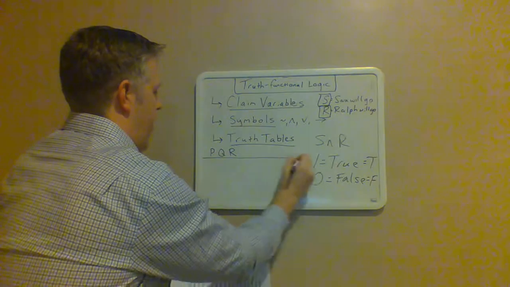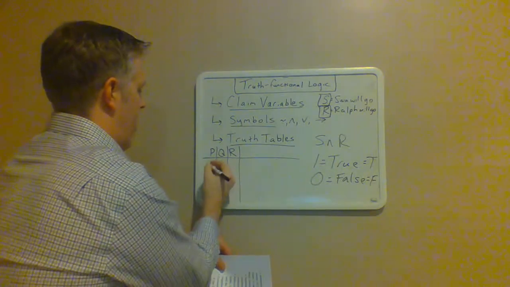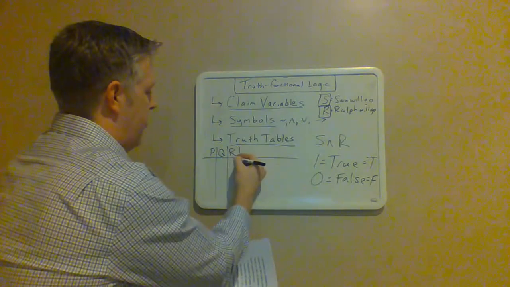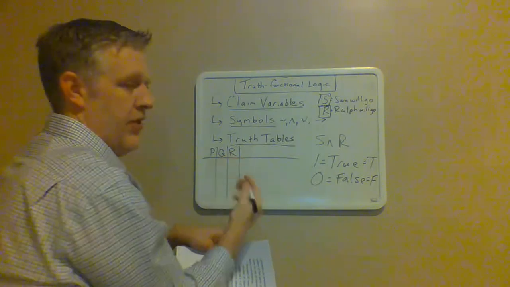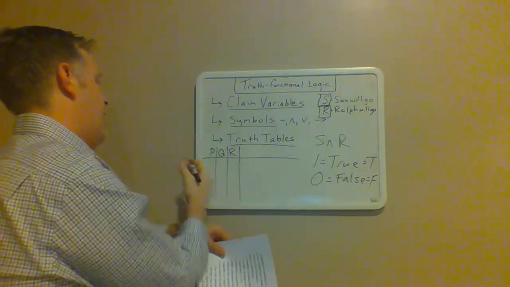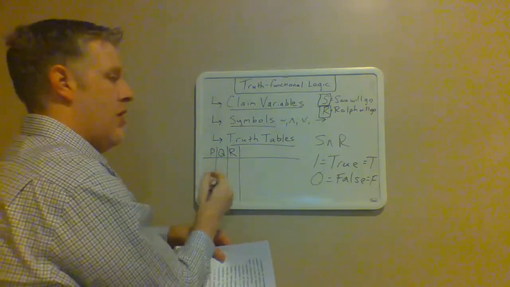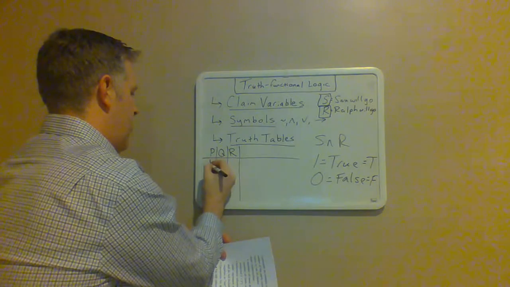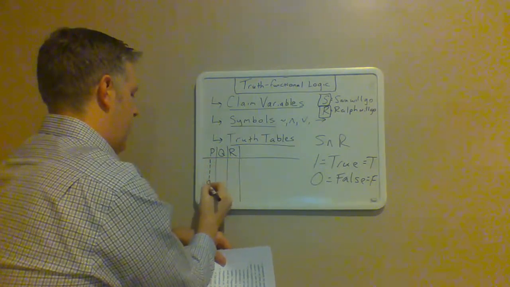Let's pretend we had 3 basic claim variables. I always start on the far left. You could start on the far right and just go true, false, true, false, etc., but I like to start on the far left. I know I have 8 total rows because there are 3 claim variables. So 8 divided by 2 is 4. I'm going to start with 4 trues and then 4 falses.